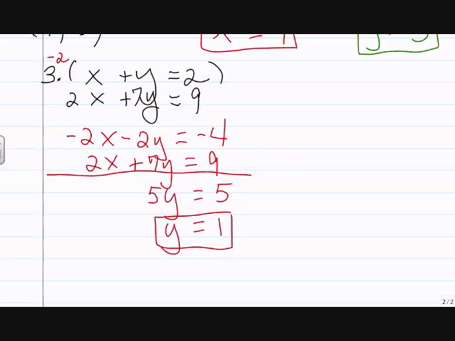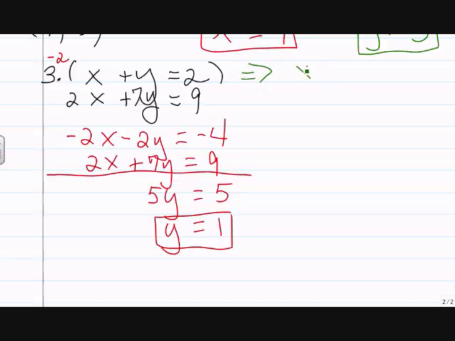Plug it back in. Which equation would you like to plug it into? The first one in black, the second one in black, the first one in red, the second one in red? Second one in black, okay? I personally choose the one that has the lower numbers. So, I don't know why, but I'm liking to write in green for that one.